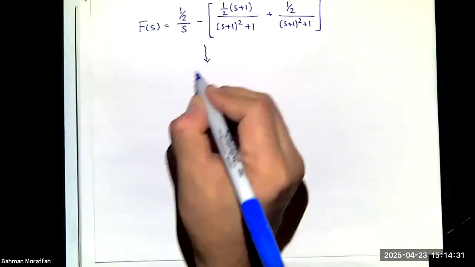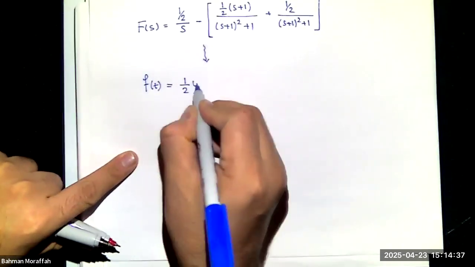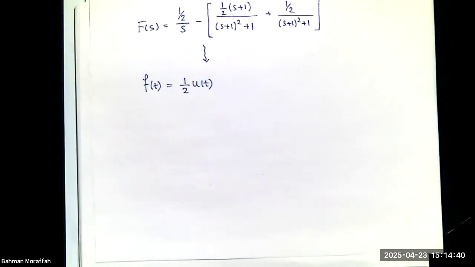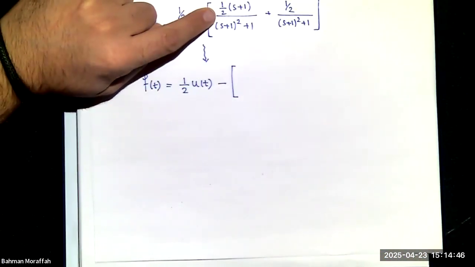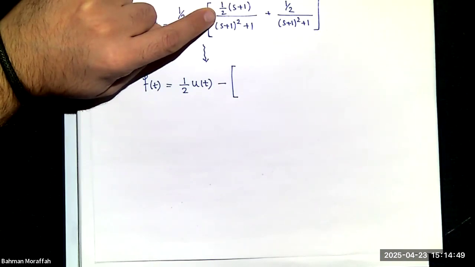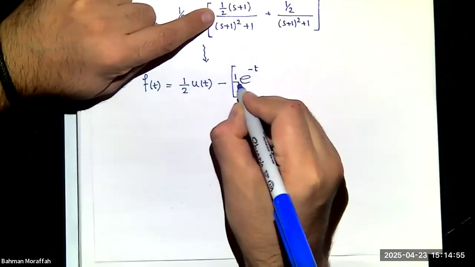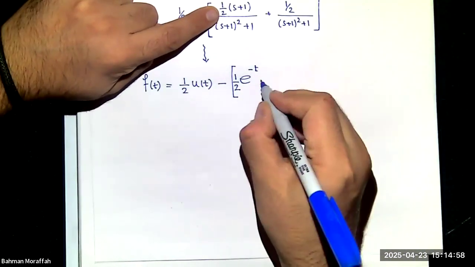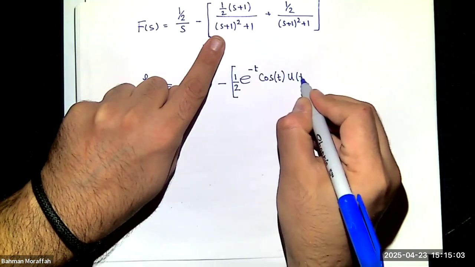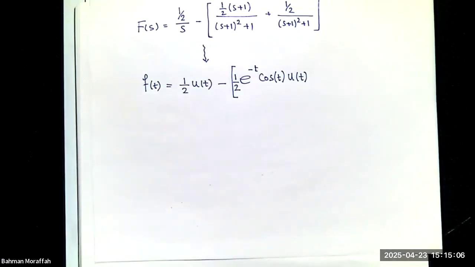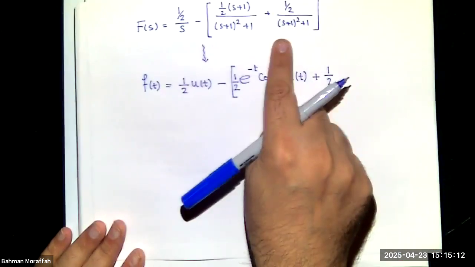Like I said, this is very simple to write in the time domain. This is a step function, so it's half step function u(t), minus. Like I said, this is a cosine, but I know it's shifted by 1 in the s domain. So I have e to the power of minus t, I have 1/2 over here, cosine, a over here is also 1, t u(t). Right? Plus, this half is a constant. The rest is a sine.